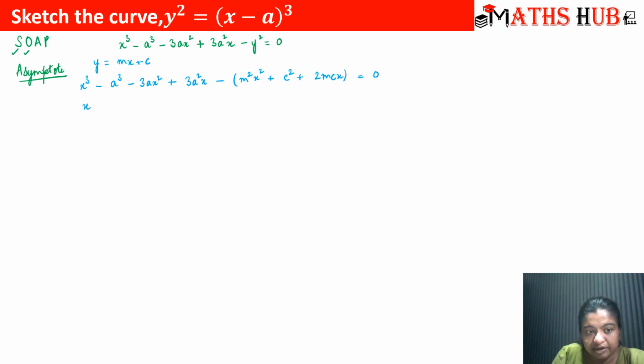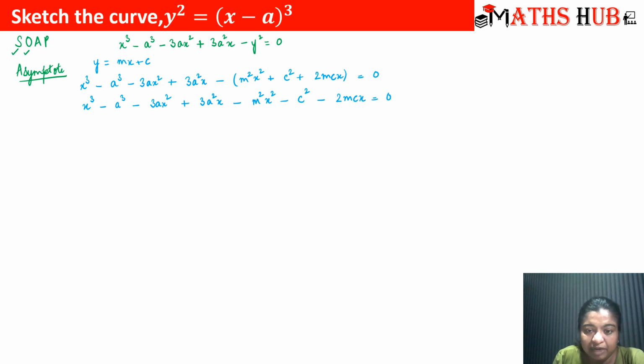So let us quickly rearrange the terms. We get x cube minus a cube minus 3ax square plus 3a square x minus m square x square minus c square minus 2mcx is equal to 0.